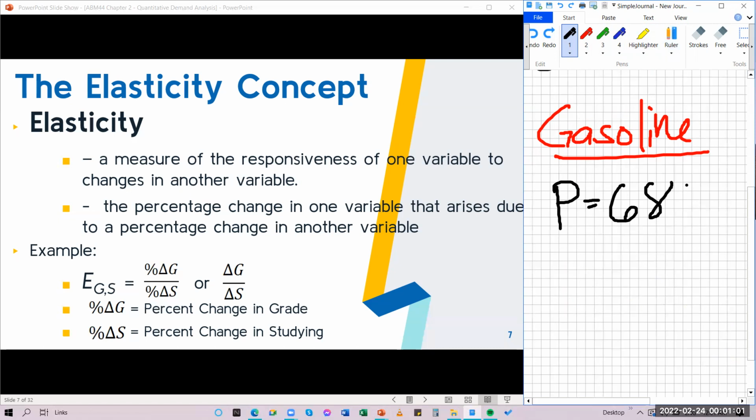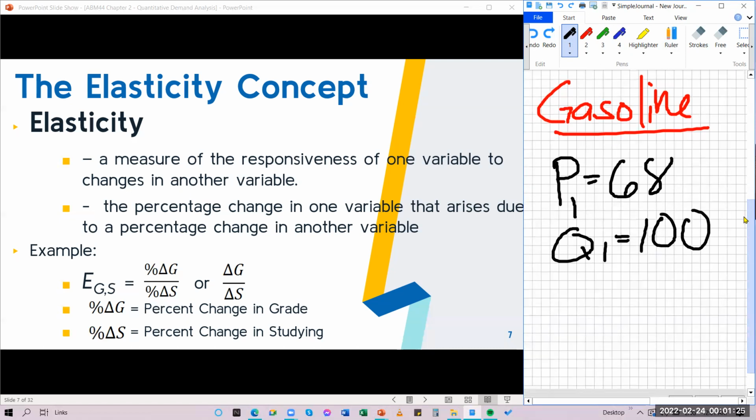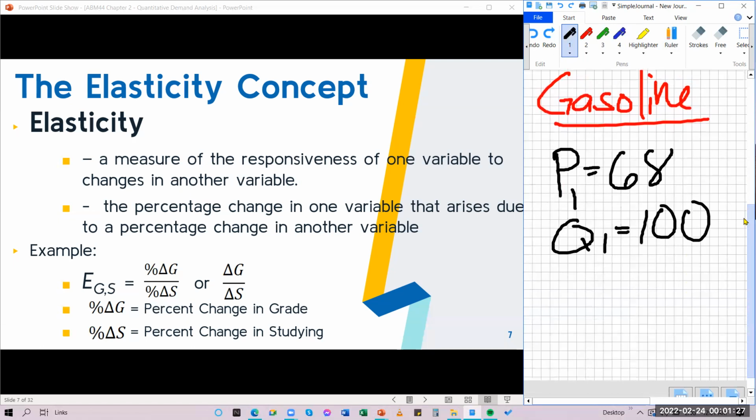Then it increased by 0.50. That's small, an increase of 50 centavos. But the quantity demanded, for example, at the first price, price 1, is 68 pesos. At 68 pesos, the quantity demanded would be 100. So that is the normal price of gasoline.